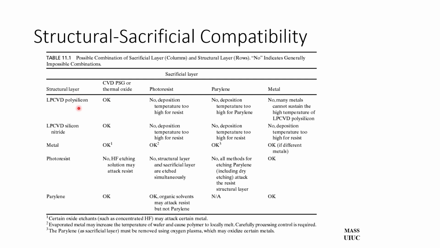And if you use them as a structural layer, polysilicon, silicon nitride, metal, photoresist, and parylene, then you can look at which one gives you an okay combination. I'm not going to discuss all the details, but you can read it. And if you have any questions about this table, please feel free to submit your questions in the comment section. I'll answer them personally.